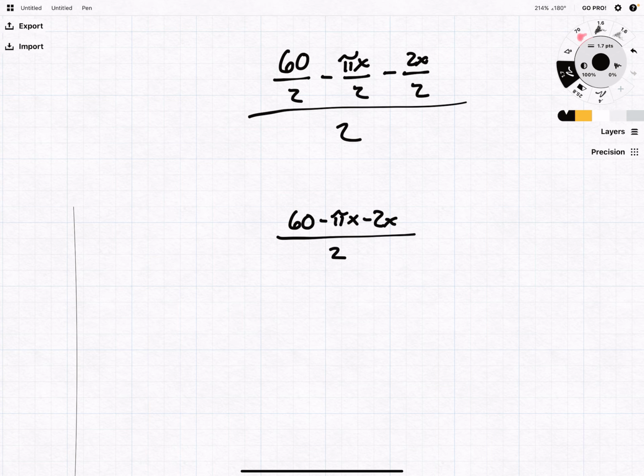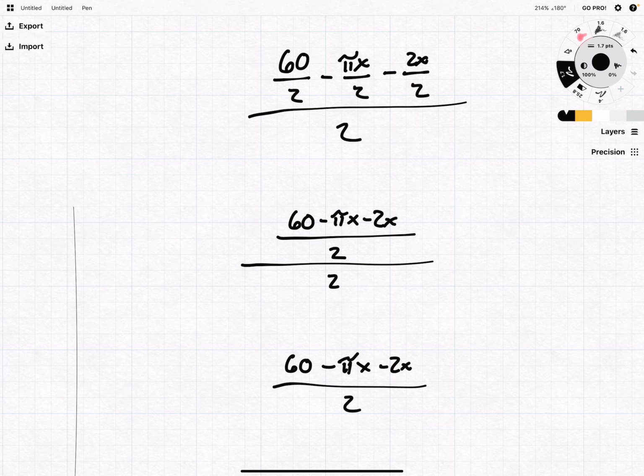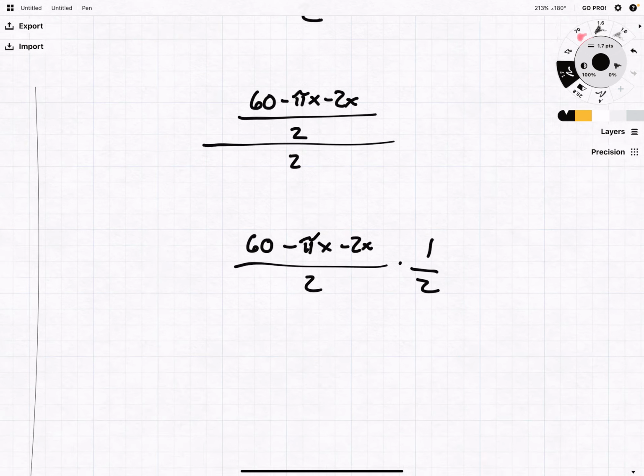I was just thinking for a second, we can't quite combine the 2x and the negative pi x, because that's kind of an uncomfortable number. So anyways, that's all over 2, which is basically the same, right? When you're dividing, you flip and multiply. So that will end up being 60 minus pi x minus 2x over 2 times 1 over 2.